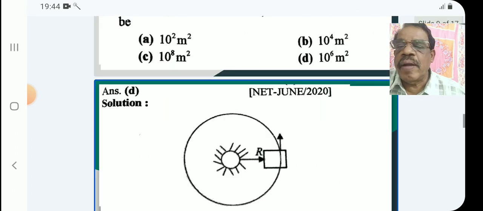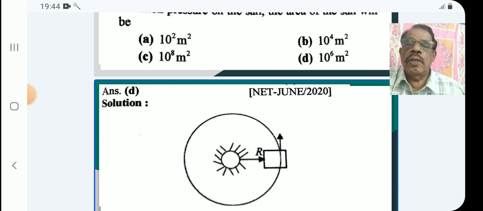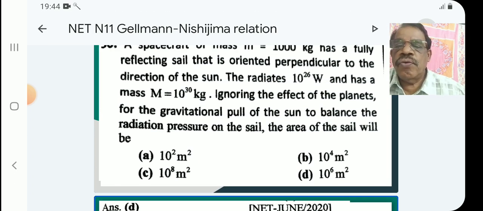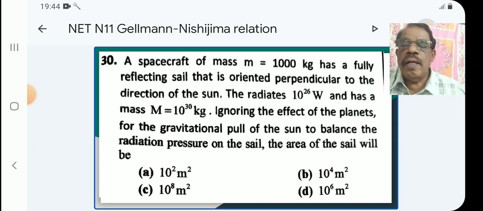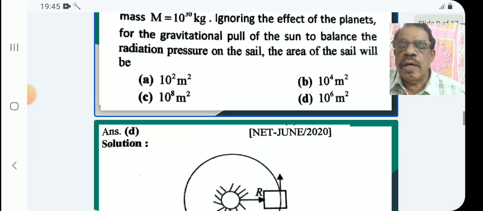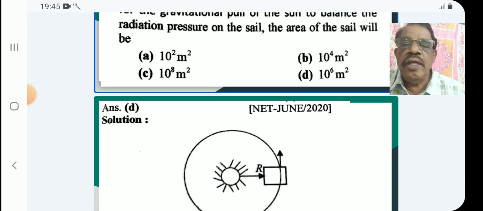Ignoring the effect of the planets, for the gravitational pull of the sun to balance the radiation pressure on the sail, the area of the sail will be 10^2 m², 10^4 m², 10^8 m², or 10^6 m². The answer is D, 10^6 m².